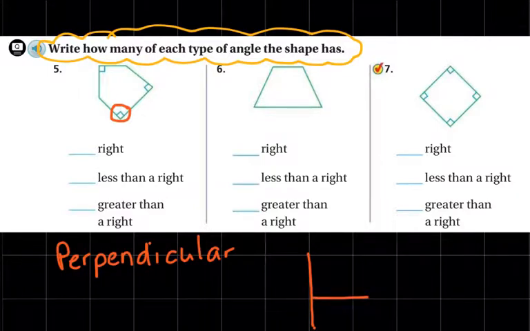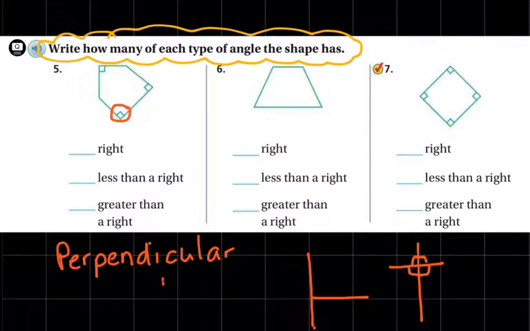If you think about a cross, those lines run perpendicular. This is a 90-degree angle, this is 90, 90, a right angle.